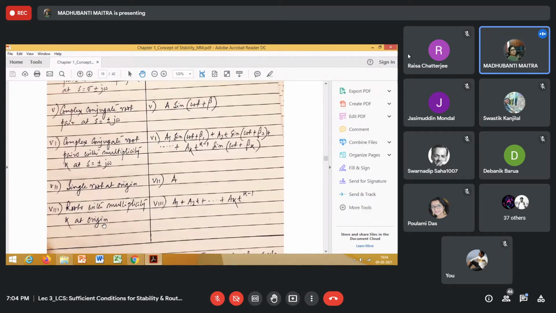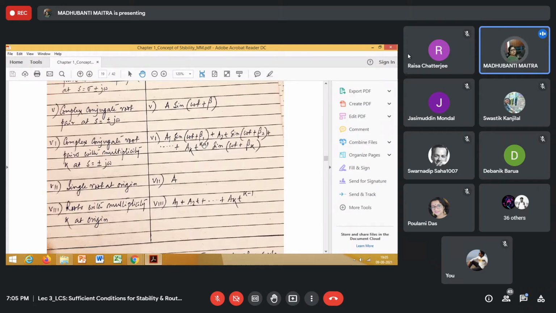Okay, so in that case, you see the nature of the response term is like this: a1 sine(omega t plus b1) plus a2 t. Then the second term will be a2 t square. This one is ak t to the power k minus 1, right? So what will happen? Again, as t tends to infinity, the response c(t) will tend towards infinity, right?